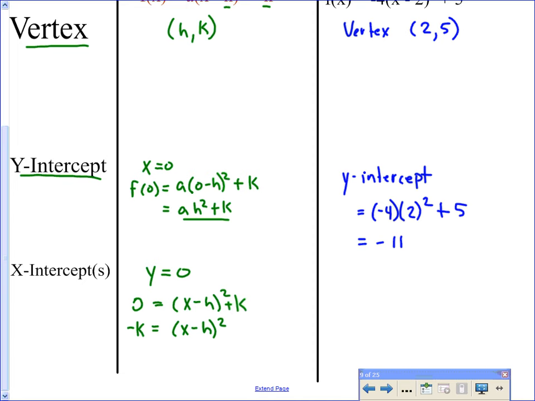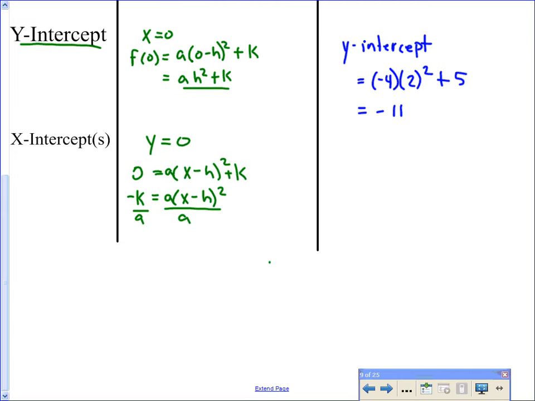Okay, and from here now, still I should have my a in here. I forgot my a. So let's go back and put my a. So once that's there, then I'm going to divide both sides by a. And those cancel, so I get -k over a is equal to x minus h quantity squared.